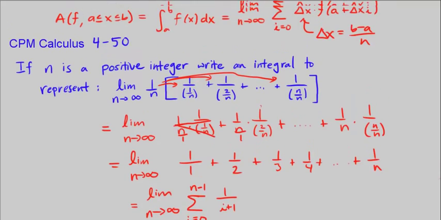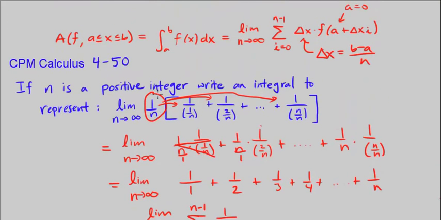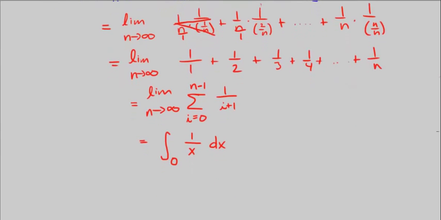And again, this is the delta x that we're adding in each time to multiply the base of every rectangle times the height, to get the areas. We're also adding delta x each time. If we add 1 over n to 1 over n, we get 2 over n. If we add 1 over n again, we get 3 over n in the denominator, all the way until we get n over n. So we know delta x is equal to 1 over n, right?